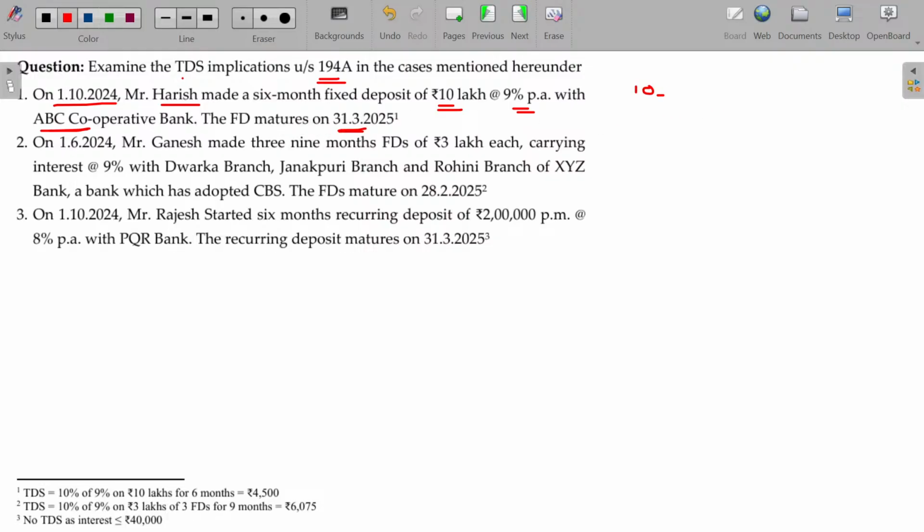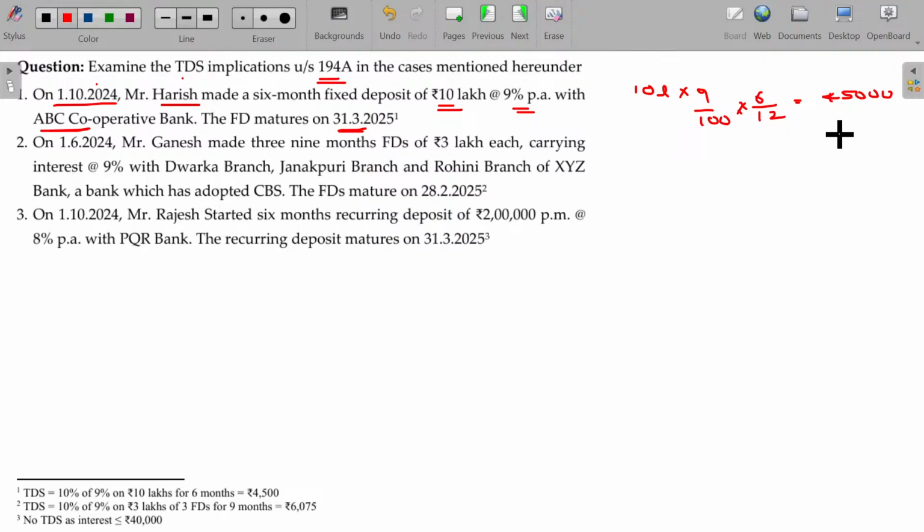So for 10 lakhs, 9%. How many months? From 1.10 to 31st March. How many months are there? 6 months. Find out the interest for 6 months. Come on. So which is more than what?